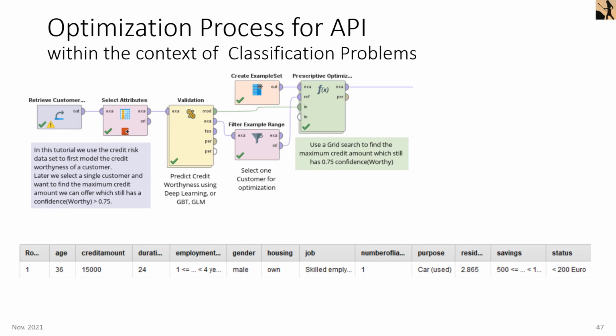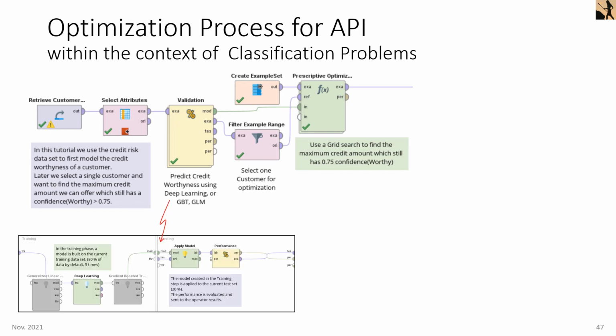We have to train the prediction model first. This is a classification problem for loan approval. And now we focus on this particular application that we showed earlier. So at the end, we will use this similar operator, the prescriptive optimization tool. So the validation is very much what you have seen.